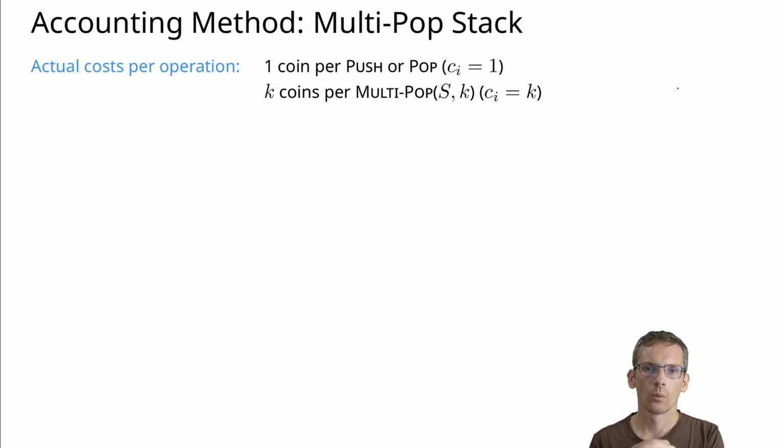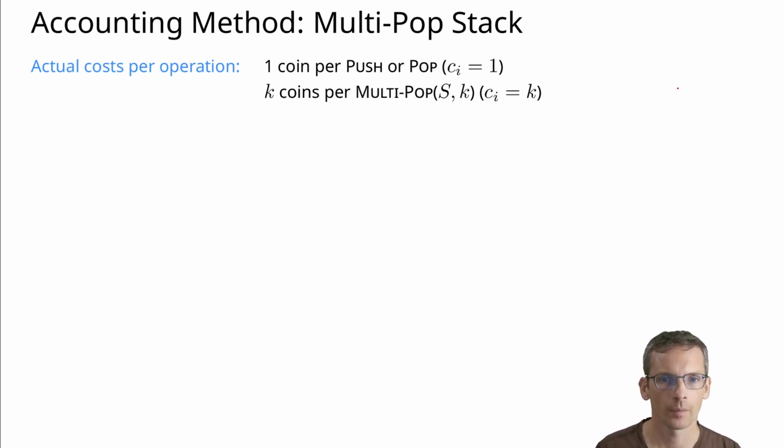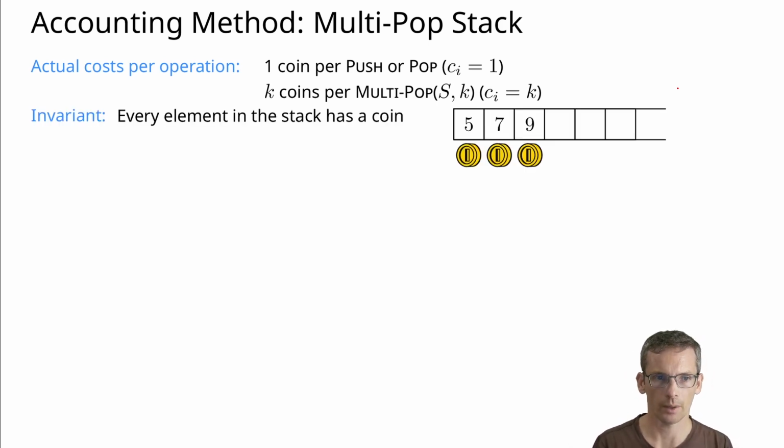Now we want to have the following invariant. We want to store a coin with every element that we put into the multi-pop stack. And for that we assign amortized cost to the operation. Amortized cost is how much I invest with this operation into the multi-pop stack. The first operation to look at is push.